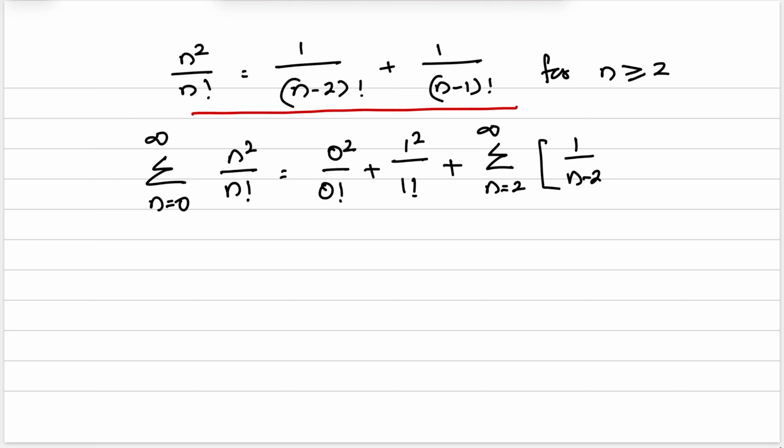1 by factorial n minus 2 plus 1 by factorial n minus 1.